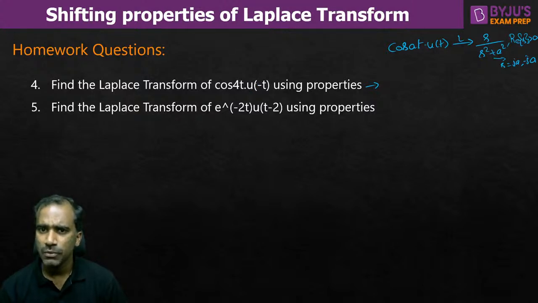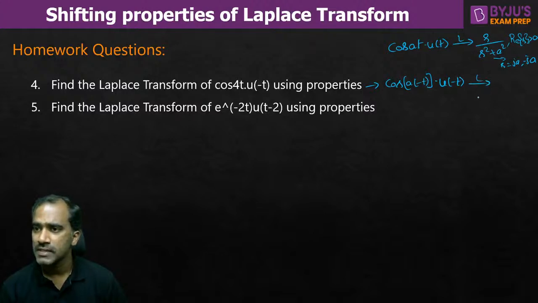You want minus t here, so let's replace t with minus t. Wherever t is there, we are replacing it with minus t. When t is replaced with minus t, s is replaced with minus s. Real part of minus s greater than 0.